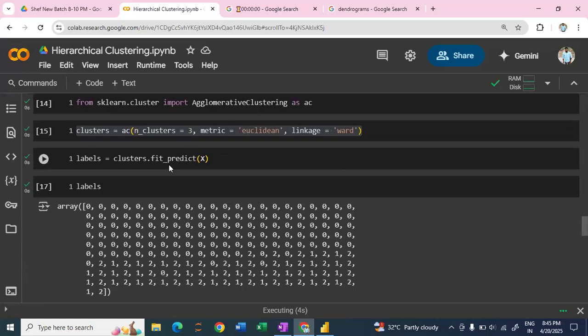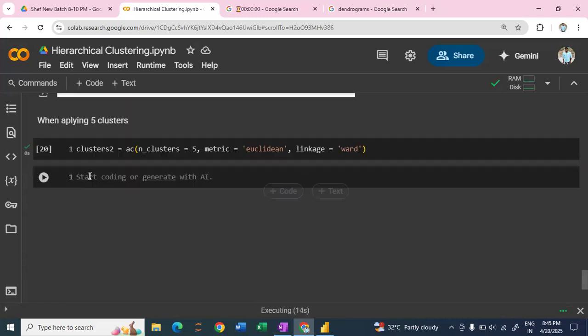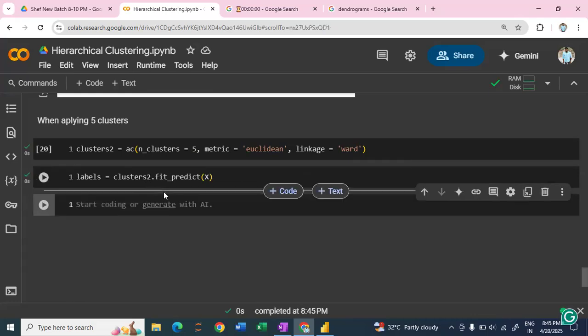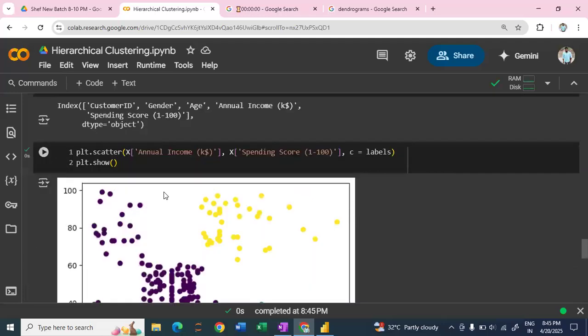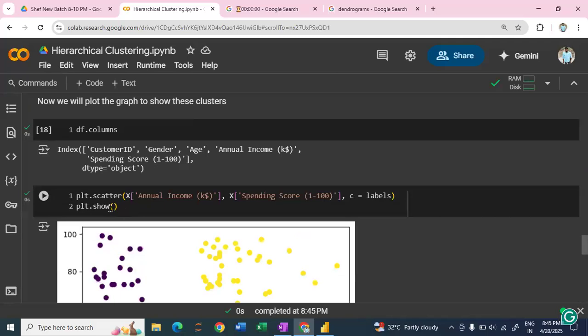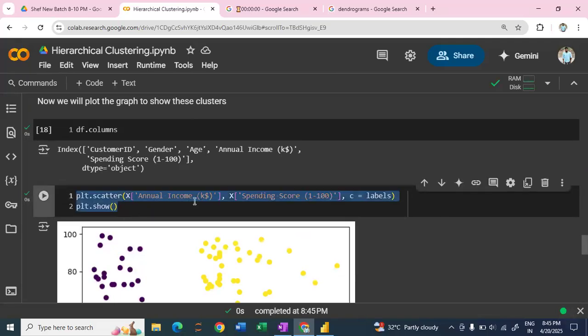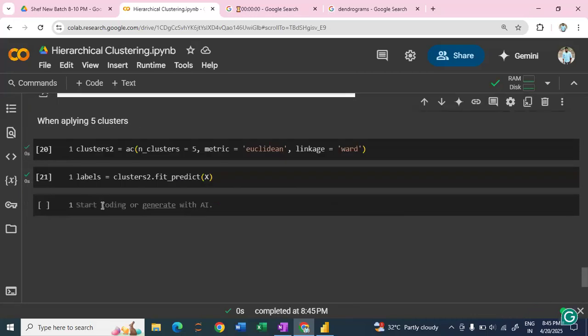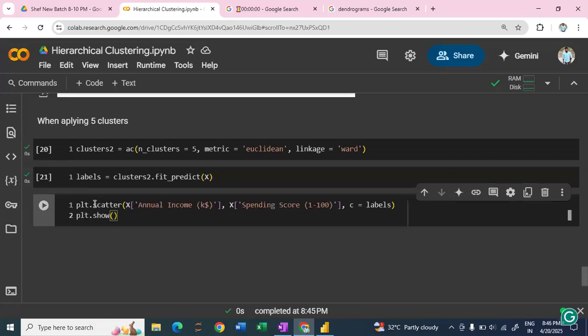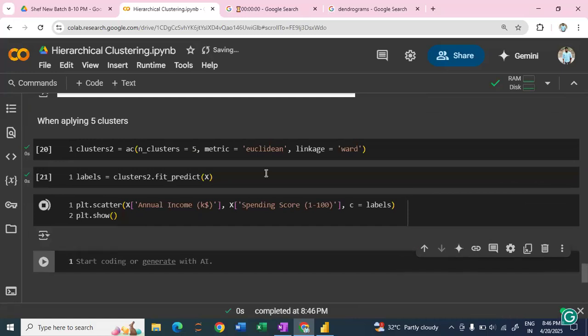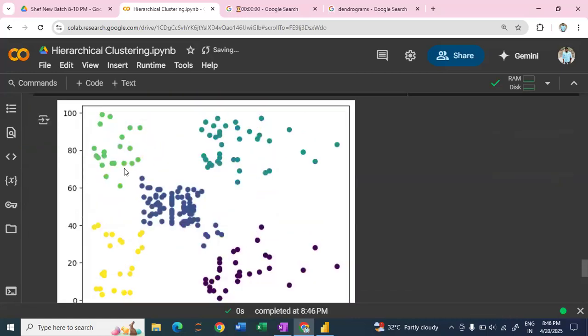And just copy this, clusters 2. Now just run it. See, now we have 5 clusters like this.